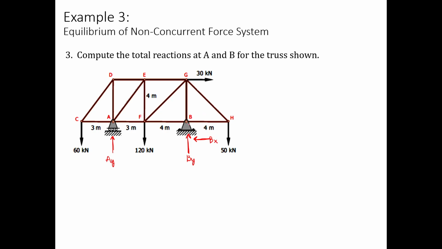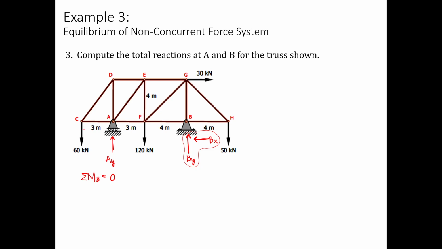So again, taking moments about B first to eliminate the two unknown forces. So this will be summation of moments about B equals 0. Let's start from left to right. 4 plus 3 plus 3, that will be 10.